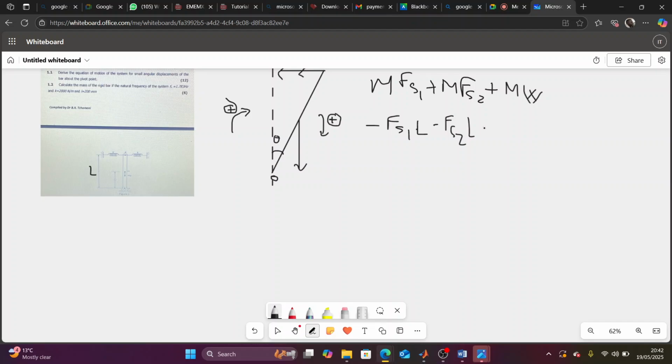Now, how about the weight? Andile, do we have an idea? The weight is mass times g. Yes, the weight is mg, but the weight is creating a moment, but with what?